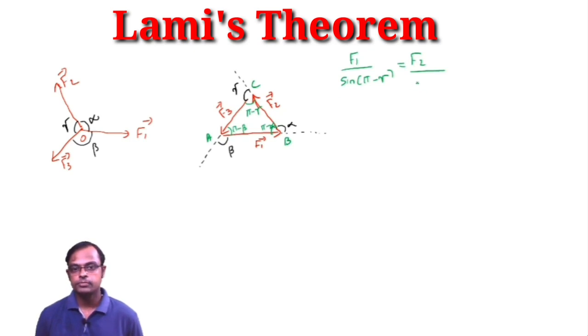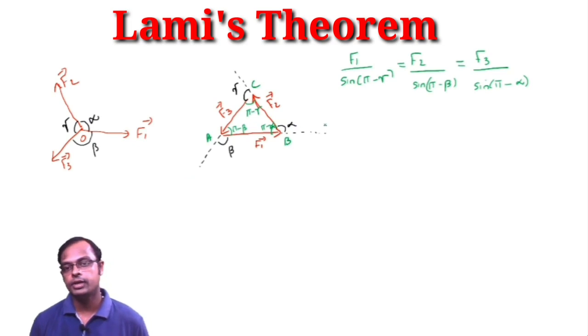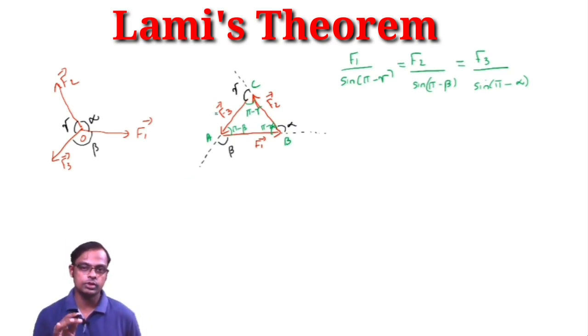Sine pi minus beta, which is equal to F3 divided by, what is the opposite angle? Sine pi minus alpha. So this is using which one? Law of sines.